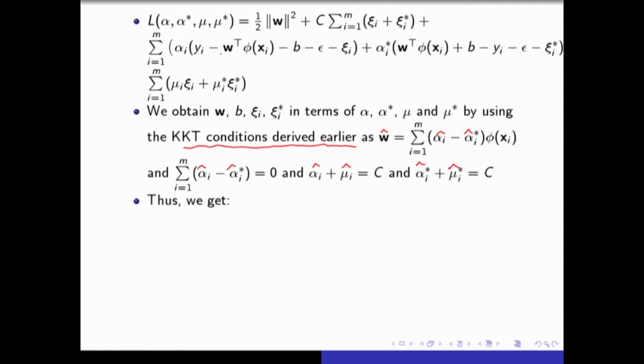As an example, if you factor out all the terms that involve the b, let's consider b times the summation of minus alpha i and plus alpha i star. You would expect L to have a term involving b with a summation over the alpha i stars and the alpha i's.